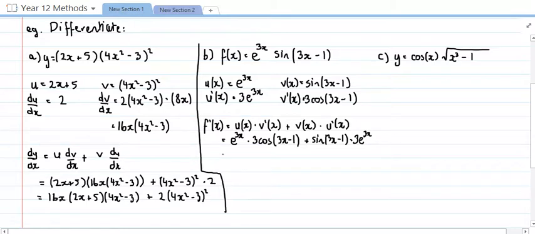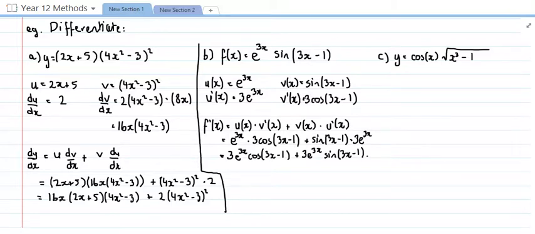And tidying that up gives, now this 3 multiplies with this, so it's going to be 3e to the 3x cos 3x minus 1 plus, and I multiply that, put it at the front, 3e to the 3x sine 3x minus 1. Now again, you could take out a common factor there, but there's no need, that would just be additional engagement.